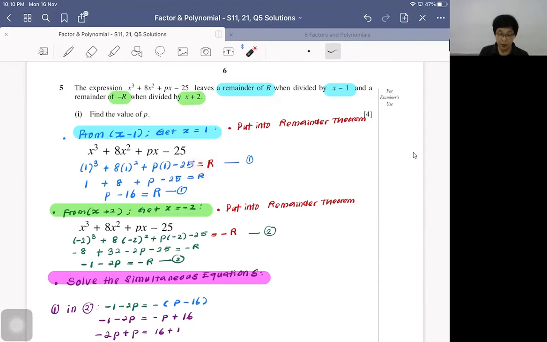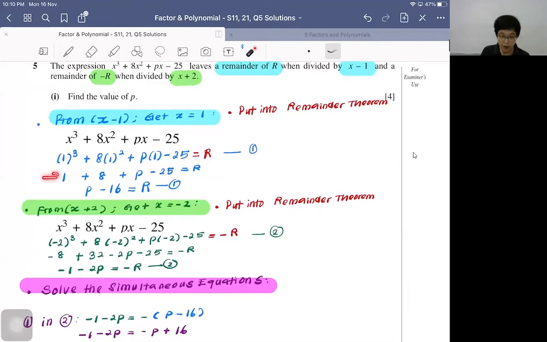And from there, we simplify the equation after our substitution, and finally we arrive at p minus 16 equals r, and let's name it as the first equation.